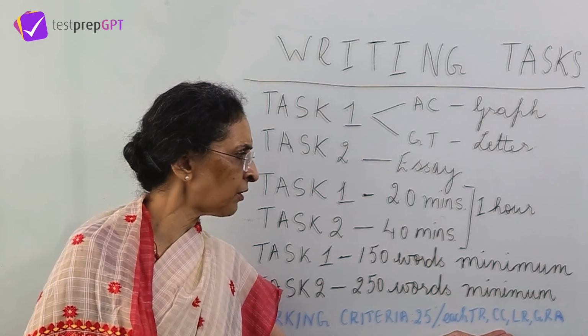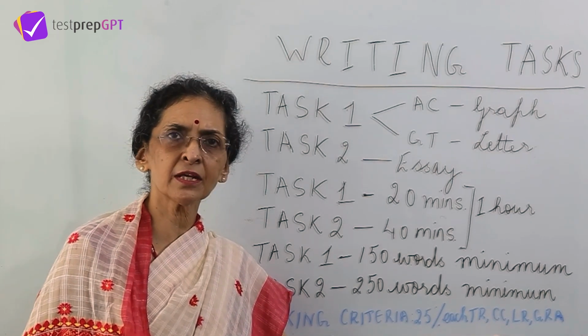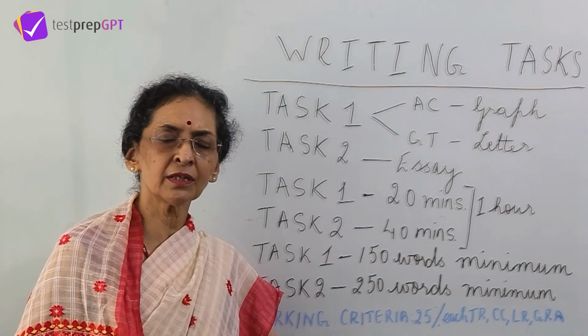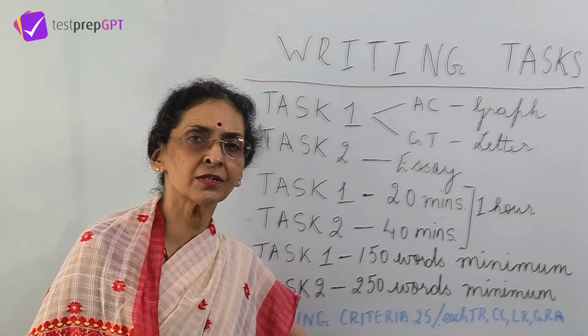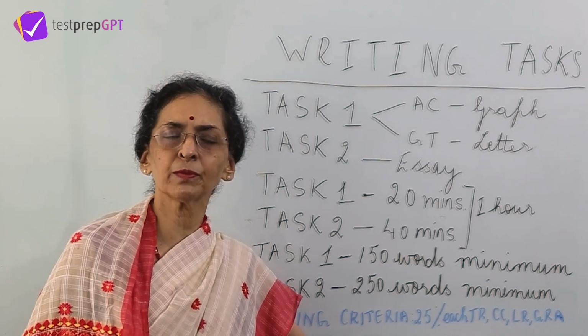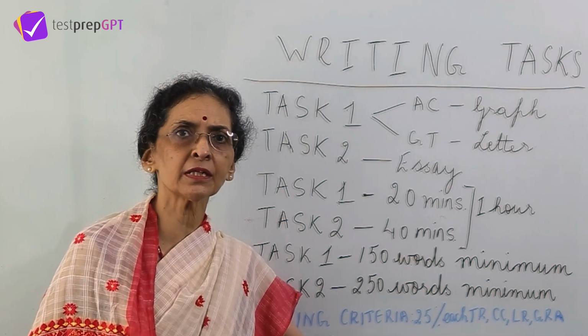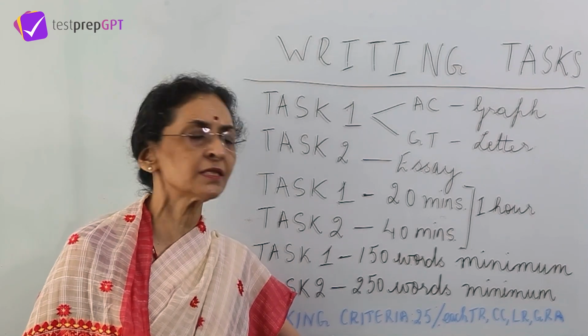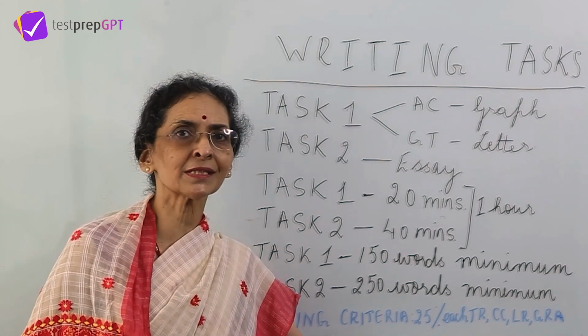Then you are marked on coherence and cohesion, where paragraphing, sequencing of ideas, the logical arrangement of your thoughts, all those matter. LR stands for lexical resource, which is otherwise what you call vocabulary. So how appropriate, how accurate your vocabulary is, what is the range of your vocabulary, are your spellings correct?